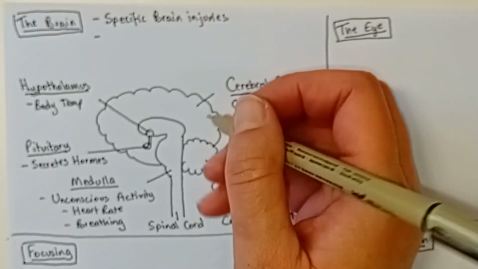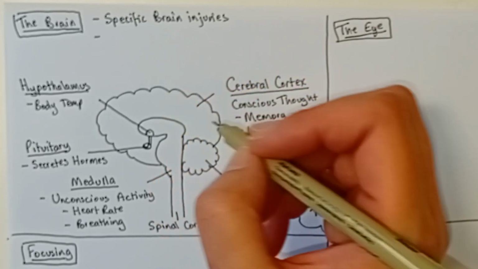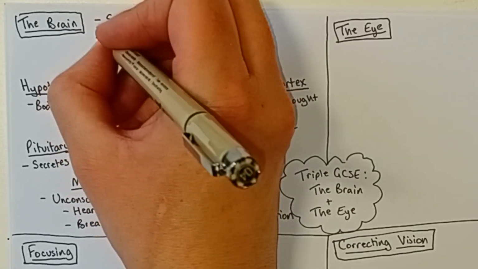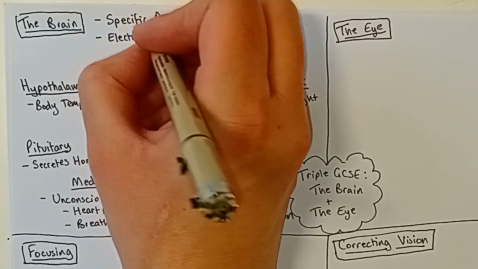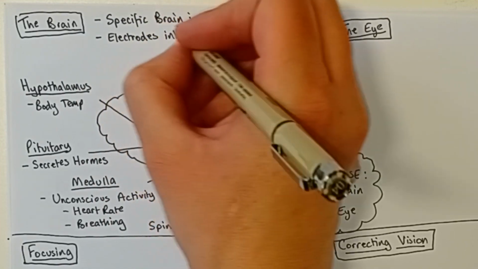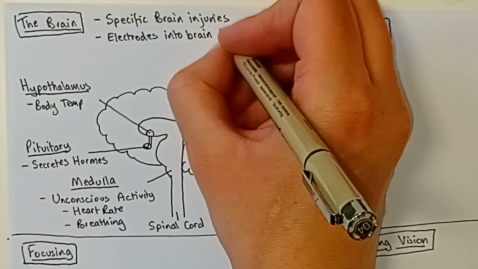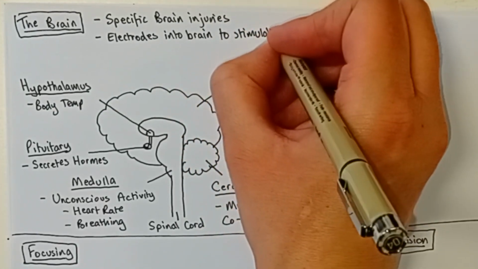We've also studied it by putting electrodes directly into the brain and stimulating electrically that part of the brain and seeing the response. So electrodes into the brain to stimulate specific areas.